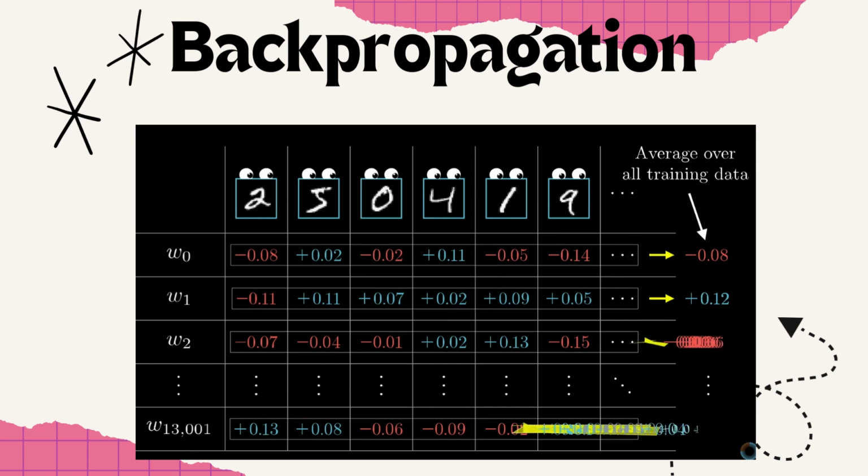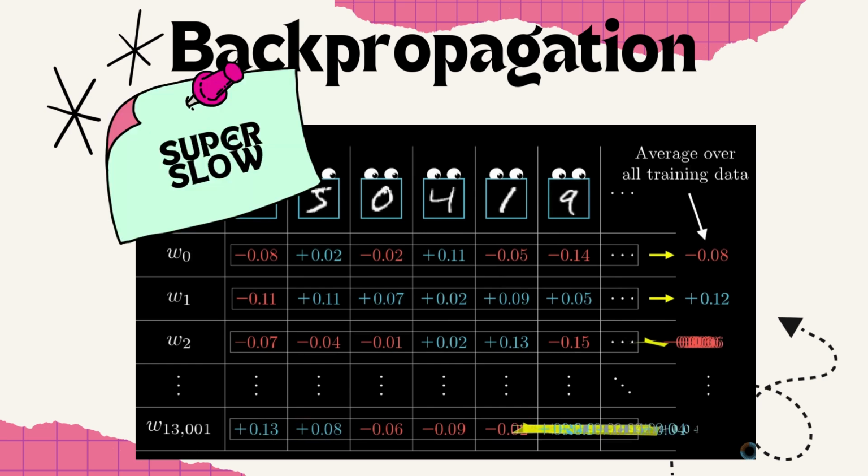We have all of those, and we average it across all of the different data samples. However, doing it this way, the proper way for a complete gradient descent, is super slow, right? We can't go through all of the training samples every single time.